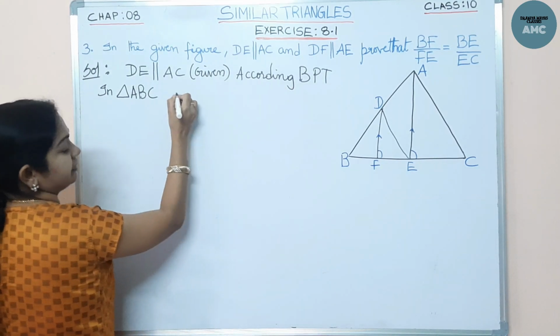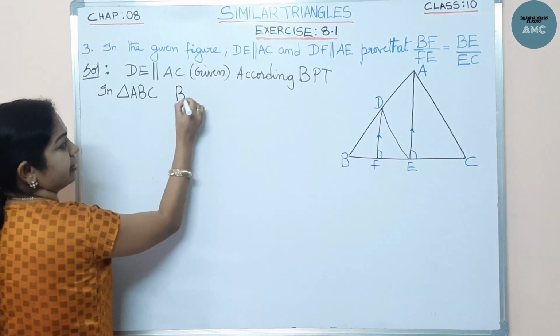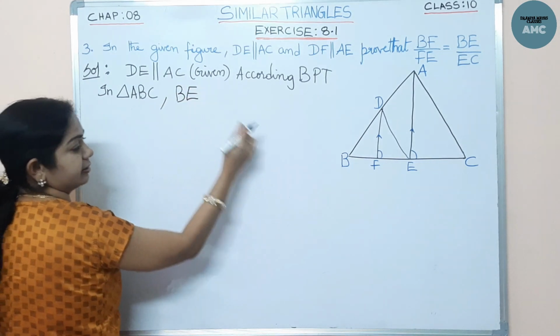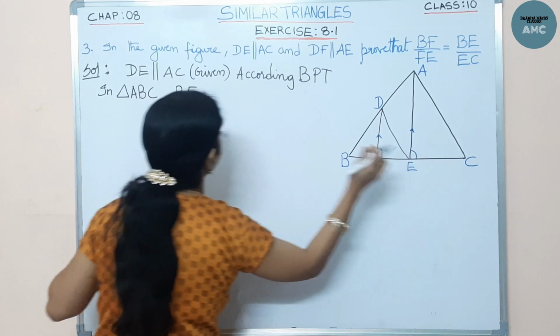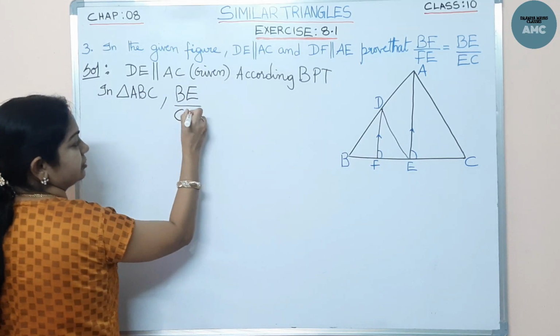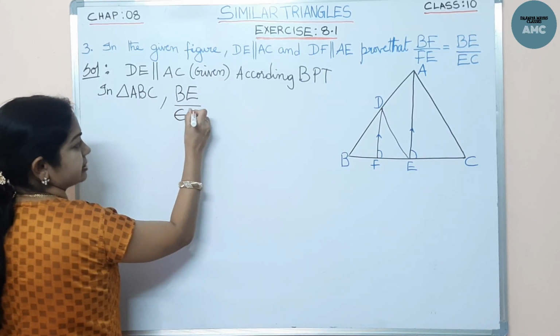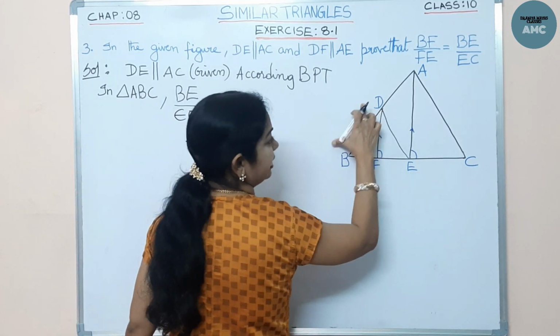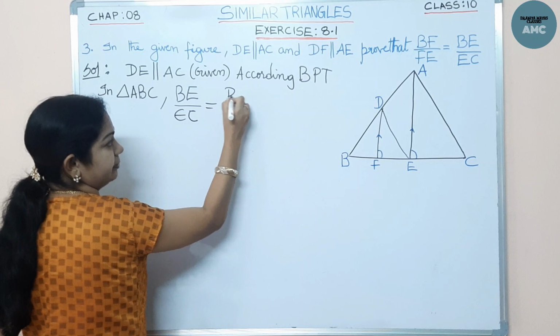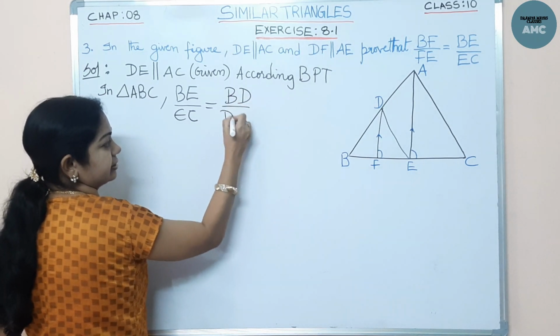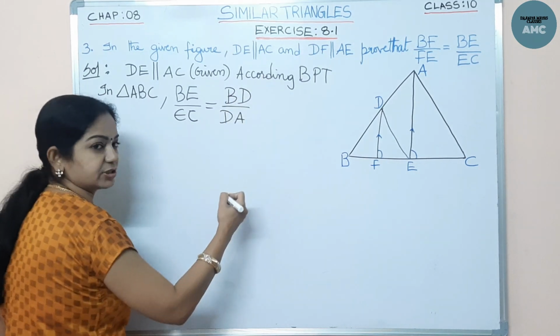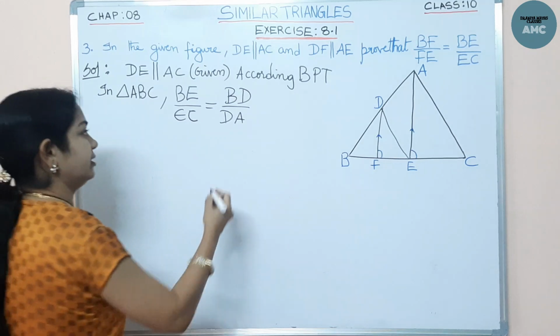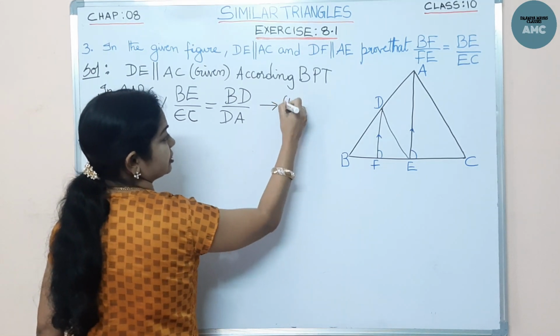According to BPT, we will mention the ratios: BE by EC is equal to BD by DA. The basic proportionality theorem tells this. Now let me suppose this as equation 1.